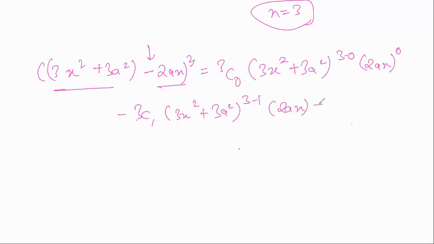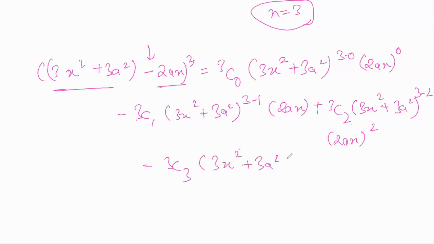Now 3C2 (3x² + 3a²) raised to the power 3 minus 2 and (2ax) raised to the power 2. Then the fourth term, we have to take as negative: 3C3 (3x² + 3a²)^(3−3) and (2ax) raised to the power 3. So these are the terms that we have opened.